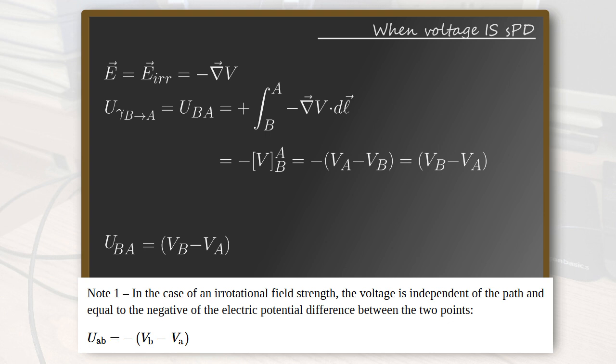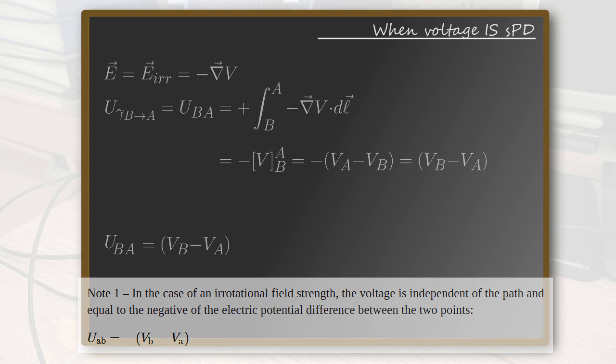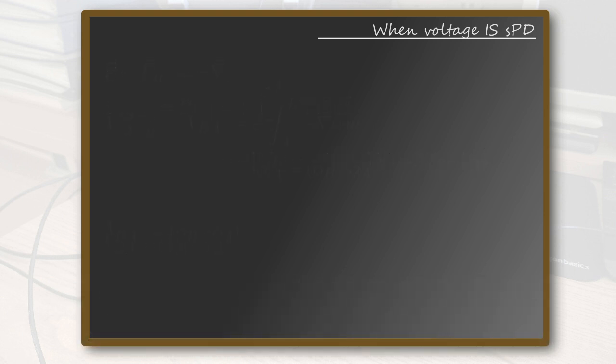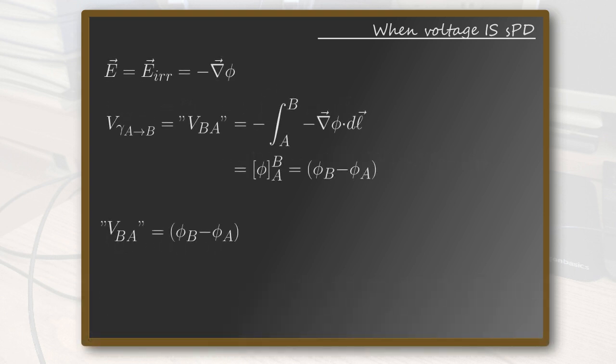Not only is this perfectly analogous to the potential difference in our notation, which is written as phi_B minus phi_A, but we also get the same order of the letters because of the double inversion in sign and path orientation.